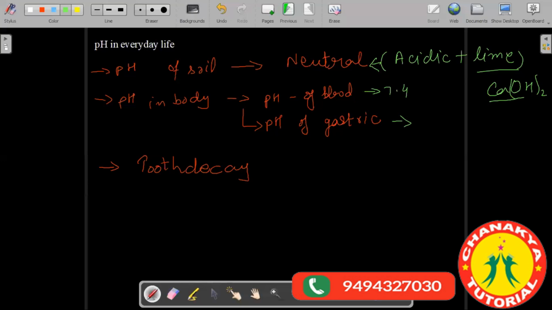So it is strongly acidic inside the stomach. And that is why, as you have learned, in this strongly acidic condition, the hydrochloric acid performs the function of killing bacteria or germs inside the stomach.